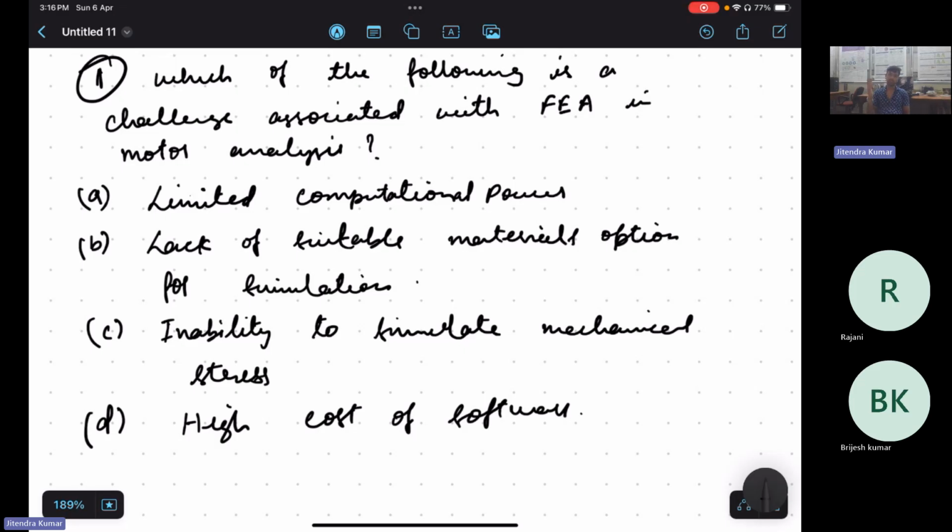It will take so long. Like in certain software, I have seen, like Magnet software, it takes sometimes 2 days, 3 days for simulation.